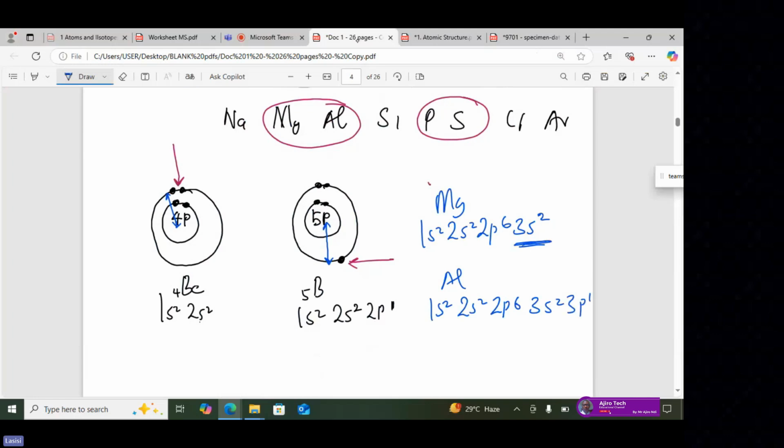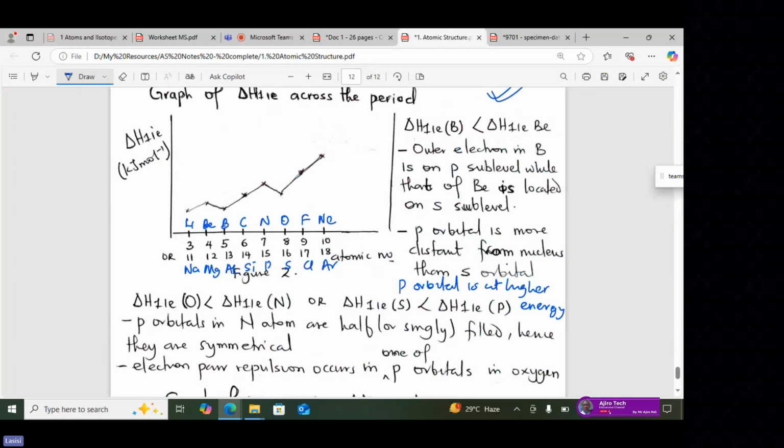In magnesium it is 3s2, here it is 3p1. So the p subshell is higher energy, therefore it is more distant from the nucleus, and hence can easily be removed. You understand that now? I'm explaining this now.